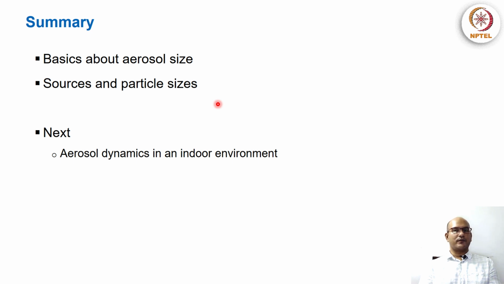And especially in cooking, we saw that the particle concentration increased as soon as the cooking activity was done, and they don't decrease rapidly up to 20 to 30 minutes after the cooking, largely because the particles are in accumulation mode, which has poor deposition or removal mechanisms compared to the nucleation mode or the coarse mode. So this concludes this lecture. In the next lecture, we will look a little bit into the aerosol dynamics in the indoor environment.